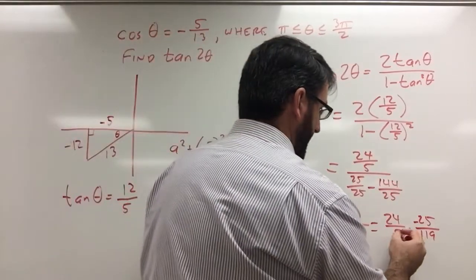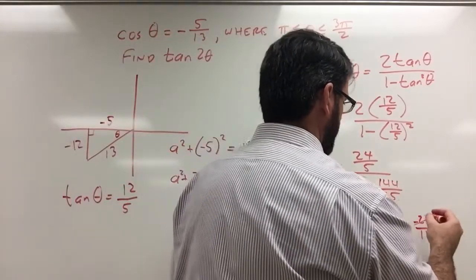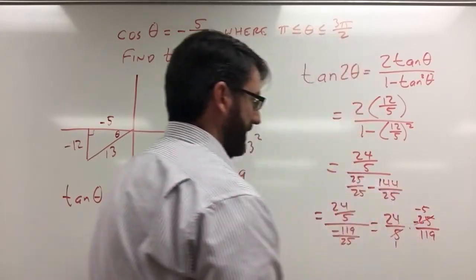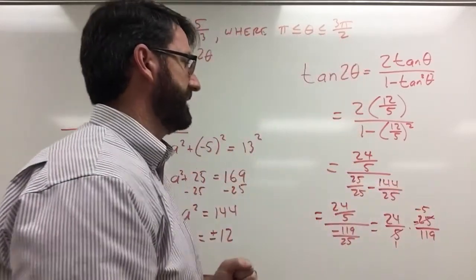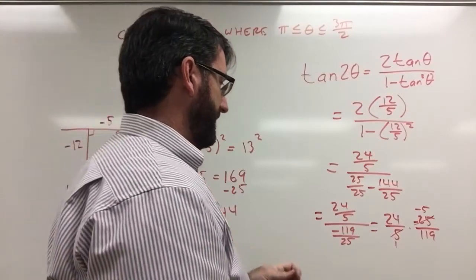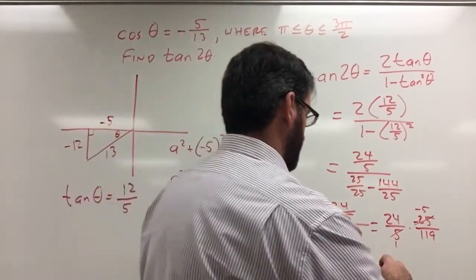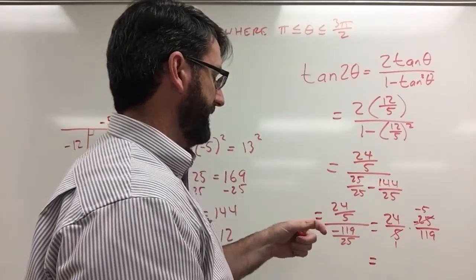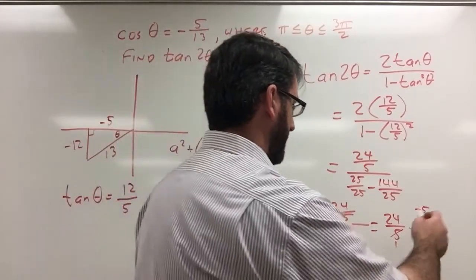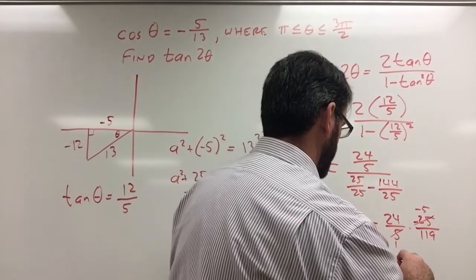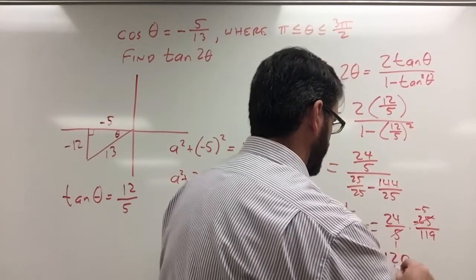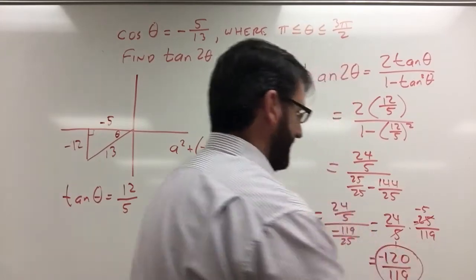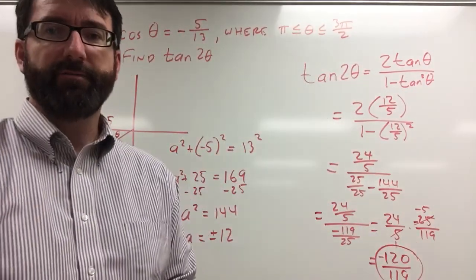And so 5 goes into negative 25 negative 5 times. 24 times negative 5 would be, let's see, 24 times 4 would be 96 plus another 24, that's going to be 120. So negative 120 over 119. And so that's going to be our final answer.